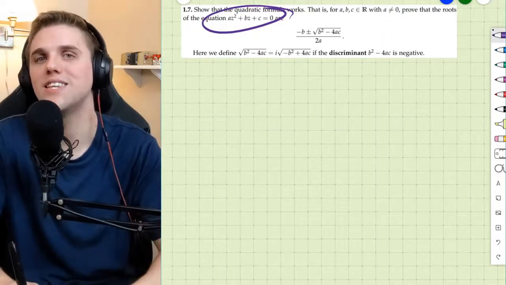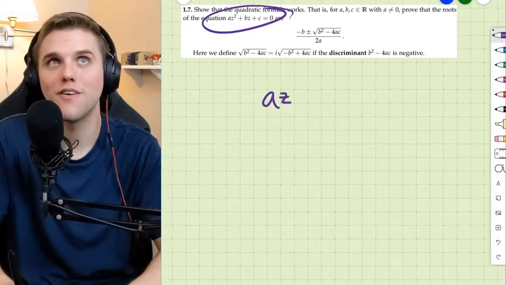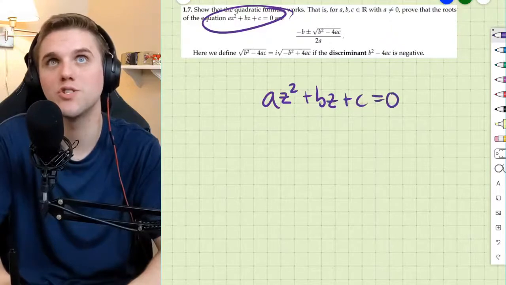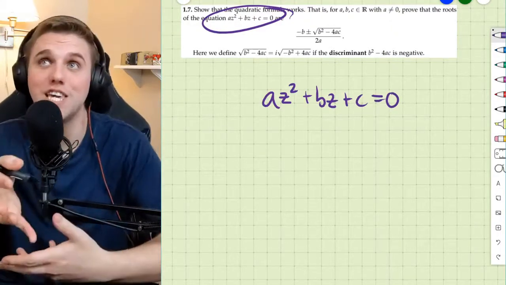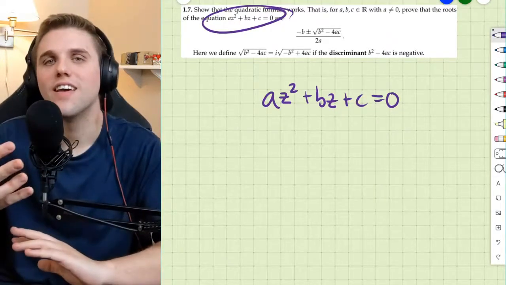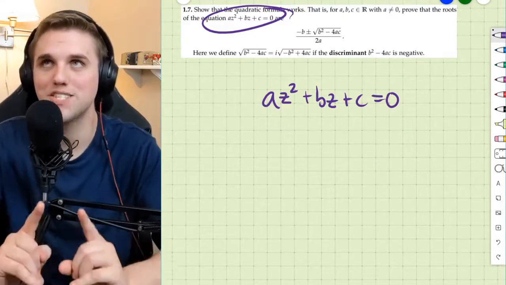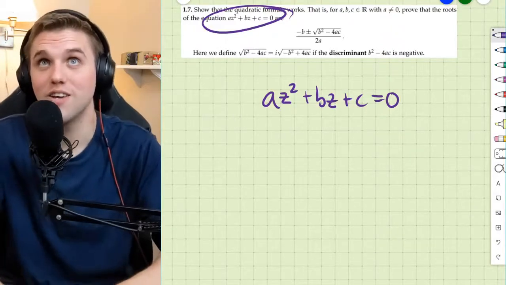Now, I see a lot of YouTubers start off by writing az squared plus bz plus c equals 0, and then they say, now let's try to solve for z by completing the square. And there's a huge problem with these videos. Massive, massive problem. They are using circular reasoning.